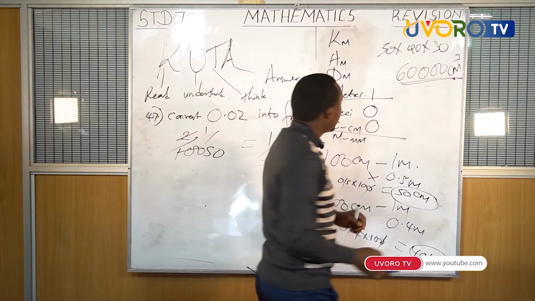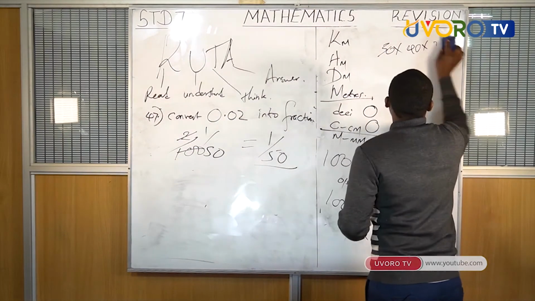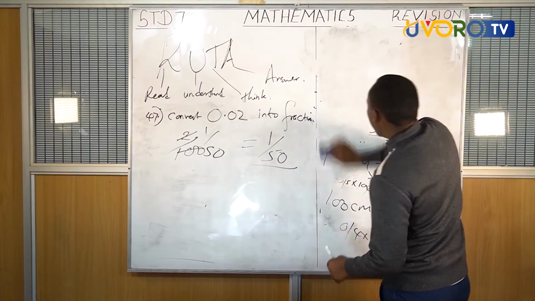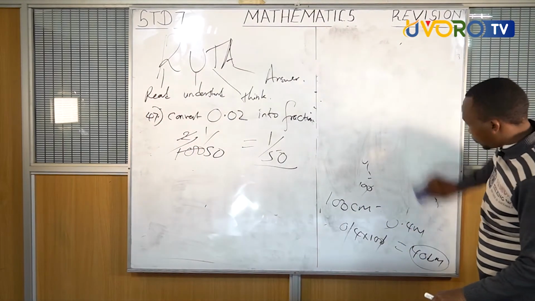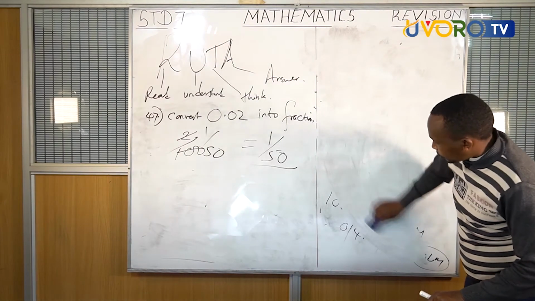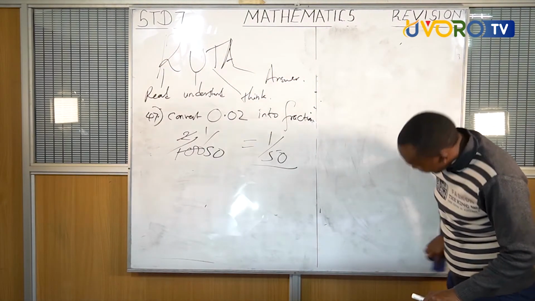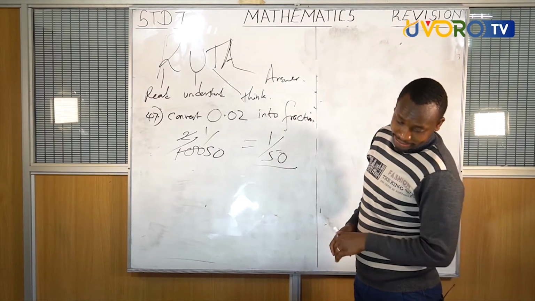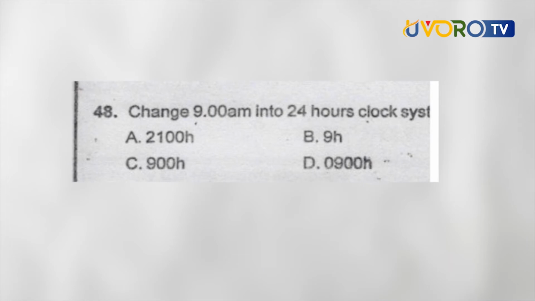Okay, question number 48. Change 9:00 AM into 24-hour clock system.